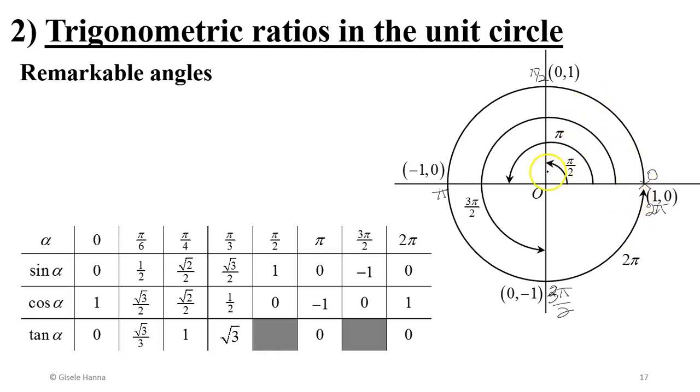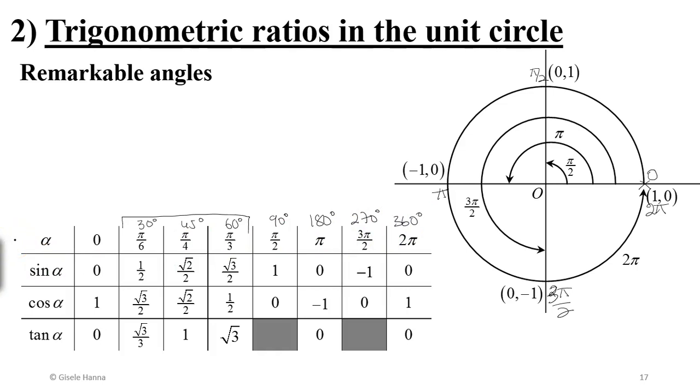And then in quadrant 1, the remarkable angles that we have are pi over 6, pi over 4, pi over 3, which we've already seen in a previous lesson as 30 degrees, 45, and 60, while pi over 2 is 90, then 180, 270, and 360.